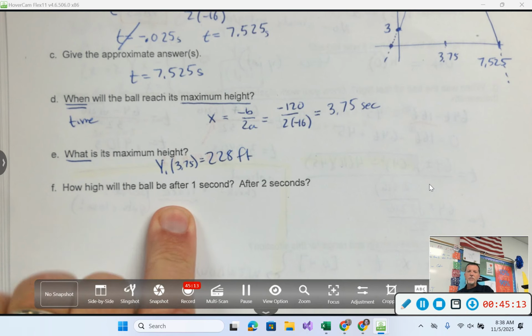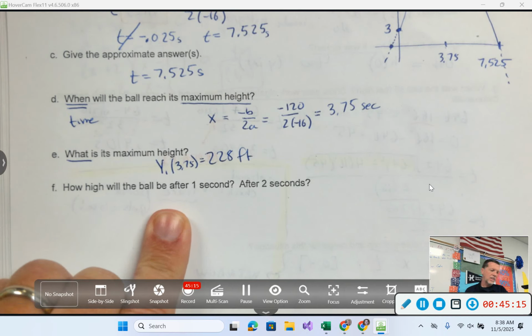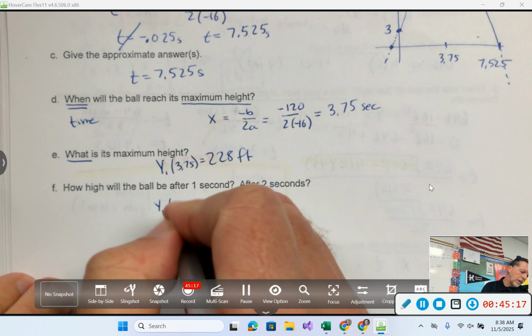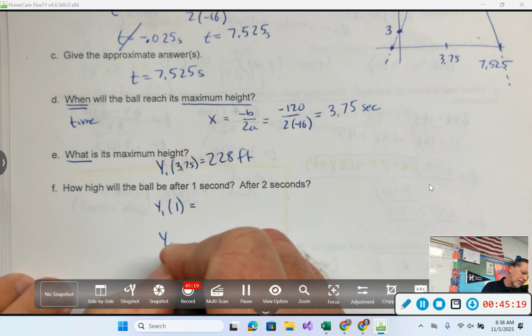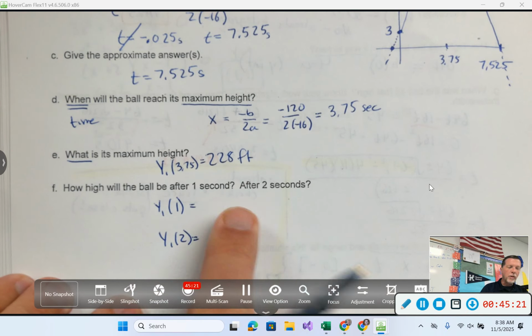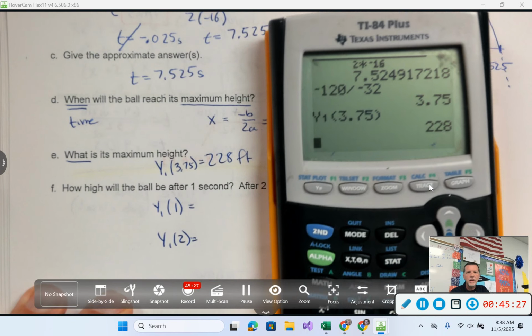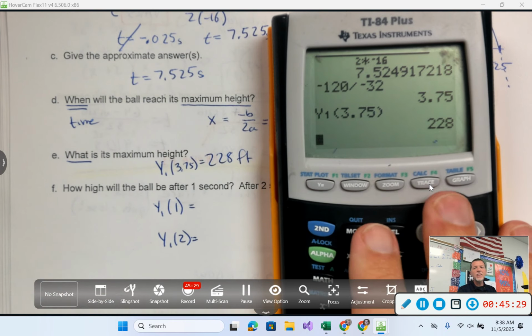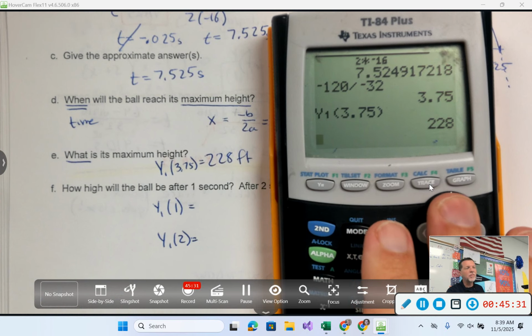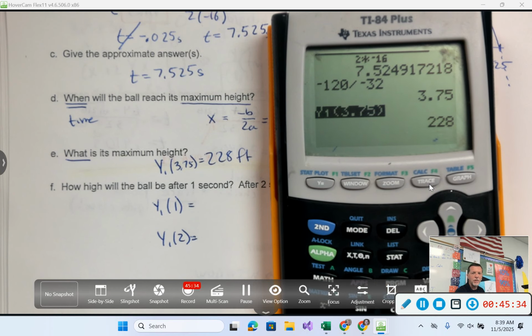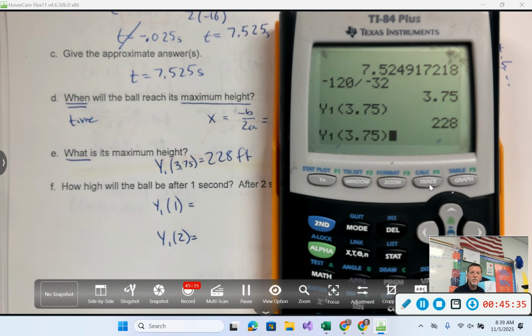What am I going to do to find the height of the ball after 1 second? Plug in 1. You could do VARS again, but what might be even easier is the table, because the numbers are nice. Either way, you don't even have to go back through all the steps. You can scroll up and grab Y1 of 3.75 and then just change it to 1.